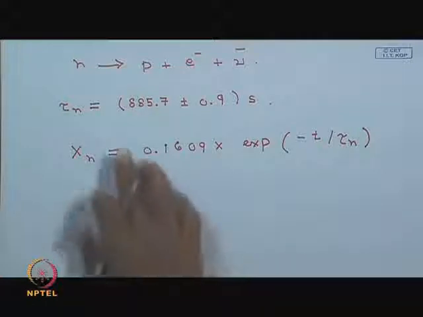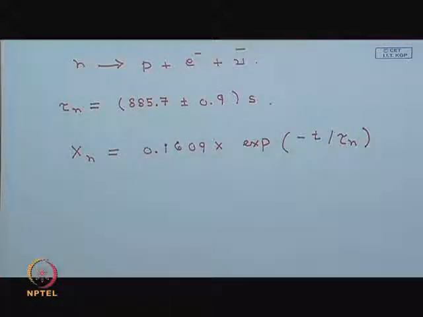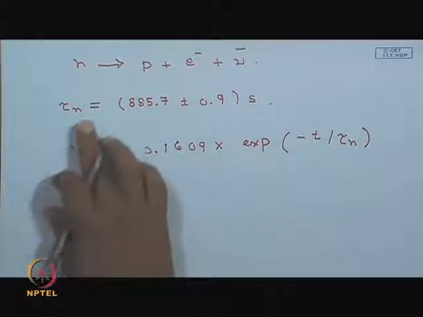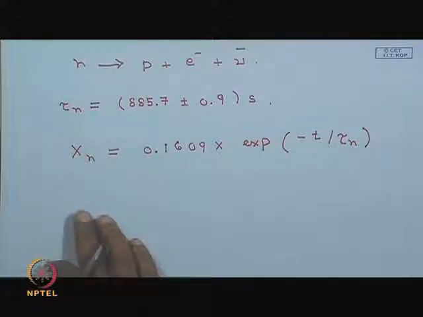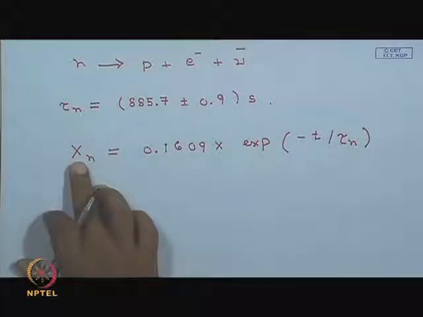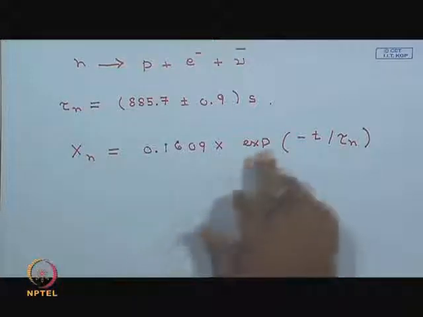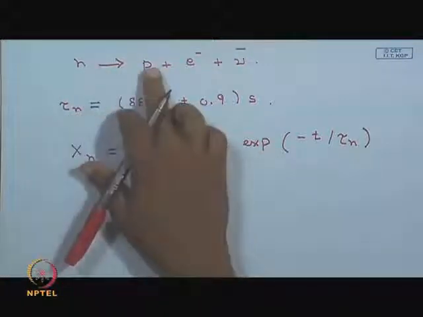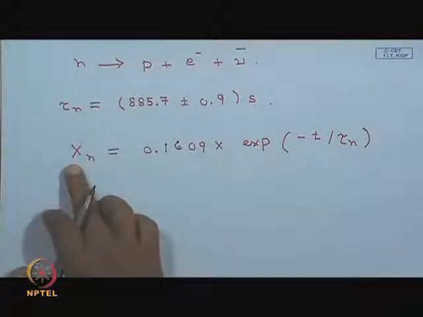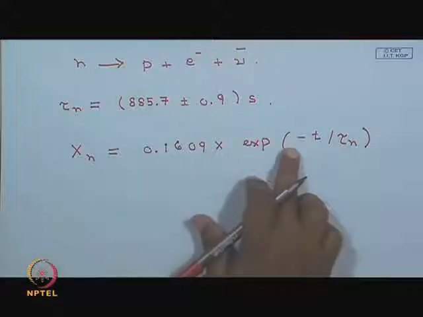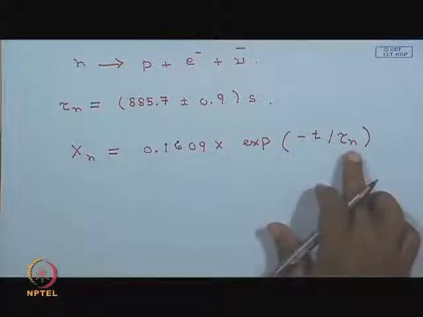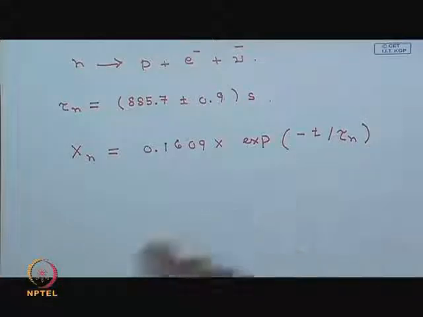So this is what happens. Once the thermal equilibrium is gone, the neutrons decay to form protons, and the neutron fraction falls exponentially with time, with the mean lifetime being given by this.